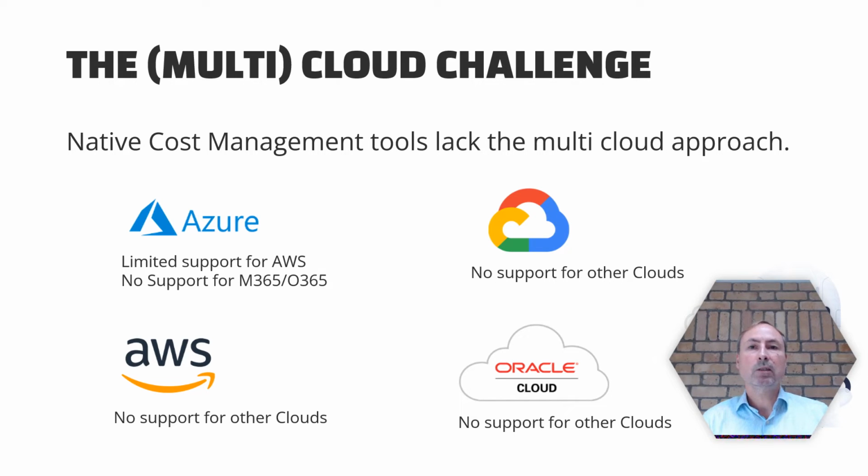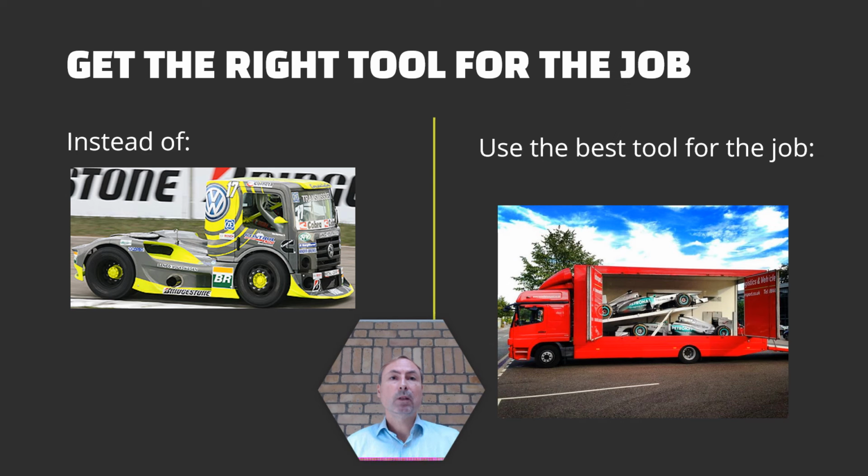AWS, Google Cloud, Oracle, there's no support for other clouds. So if you're using a multi-cloud setup, you're just not using the native tools, or you're using two tools, which is of course not what you want. So you need to find the right tool for the job.